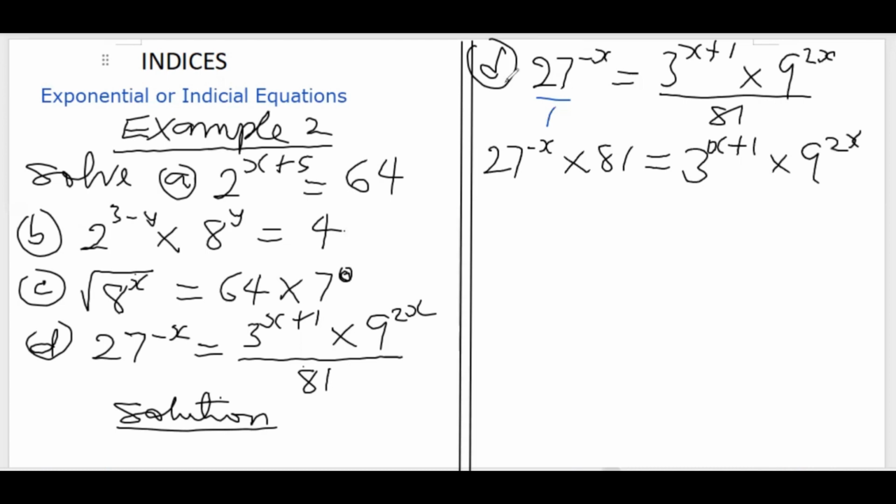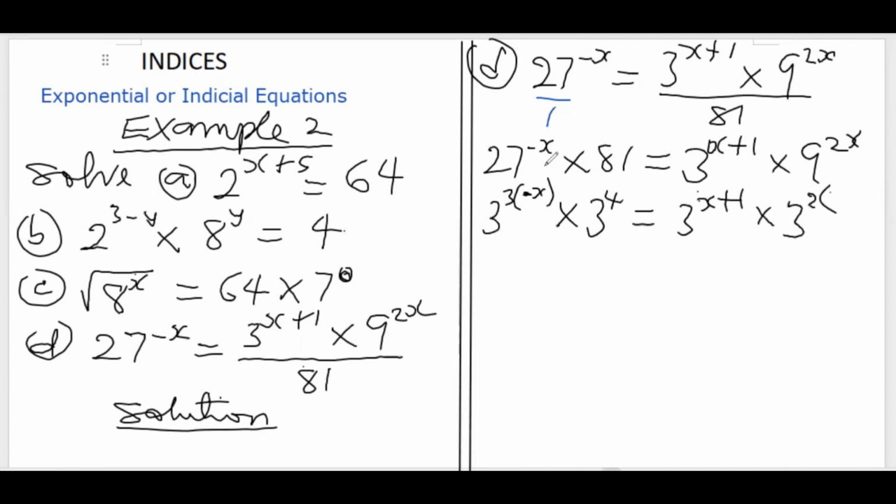Now you can express each in index form. 27 is 3 to the power of 3. The new power will multiply the old power, don't forget. So negative x here will multiply that 3, times 3 to the power of 4, since 81 is 3 to the power of 4. This one is already in power form. And 9 is 3 to the power of 2.